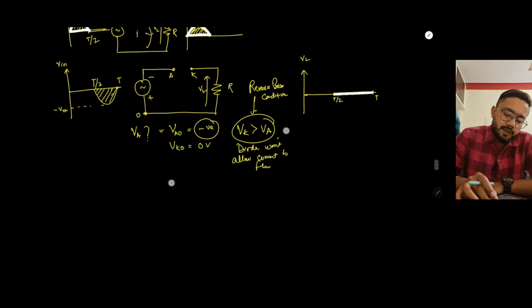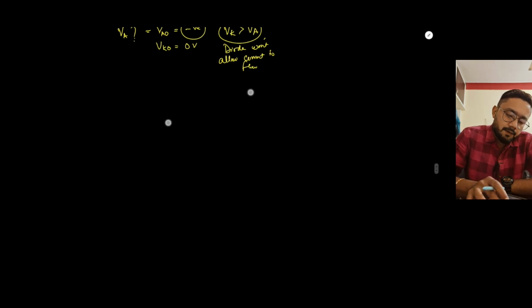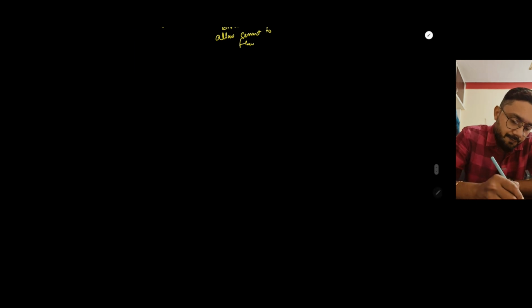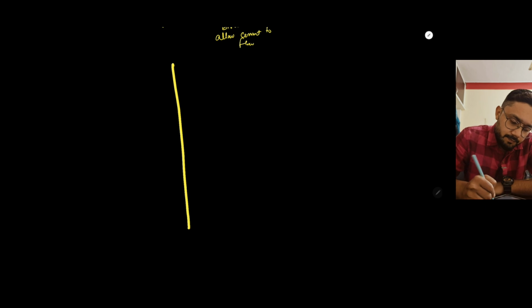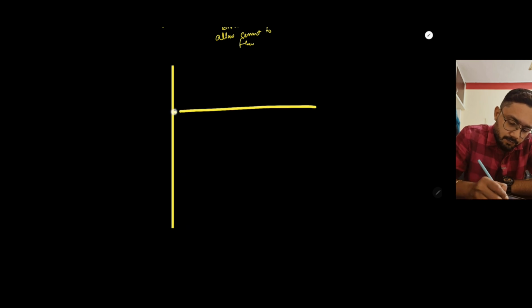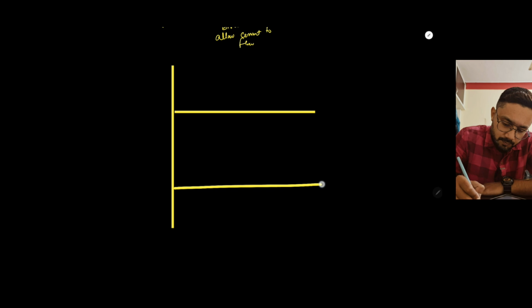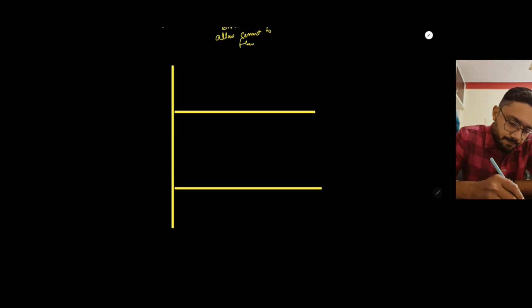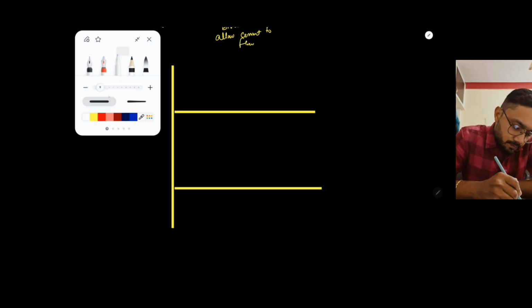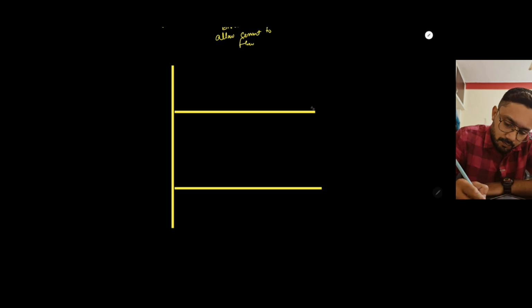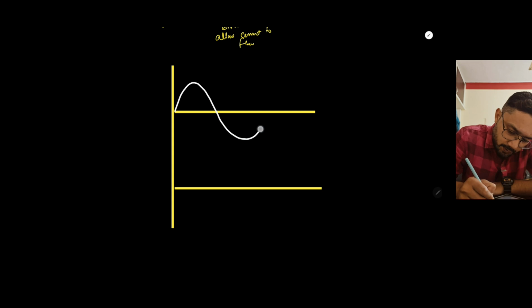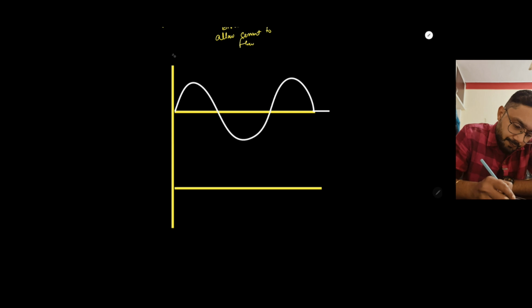If we combine the positive and negative cycle, how will the characteristic look? Suppose this is the input voltage.